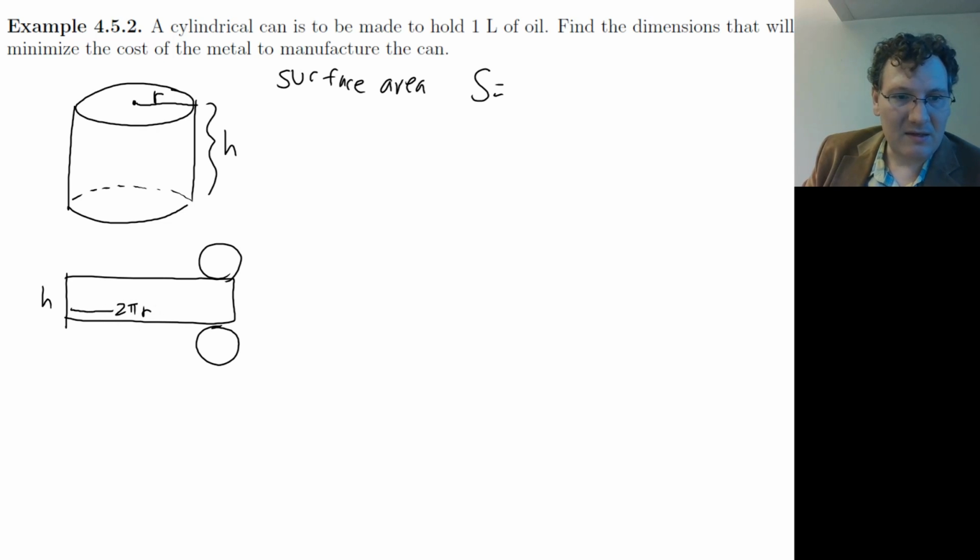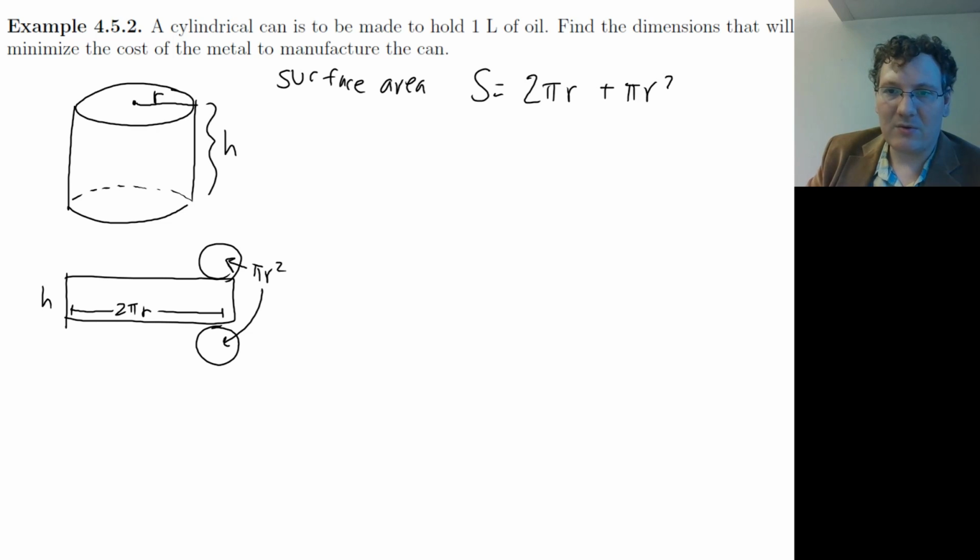That's the total length of this, the circumference of this circle, and these are both pi r squared. So the surface area is 2 pi r squared plus 2 pi r times h.